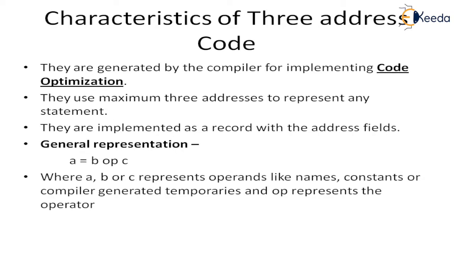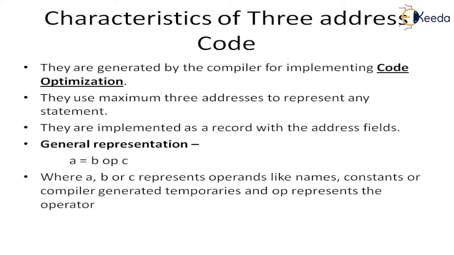So, the characteristics of three address code. This three address code is normally useful for code optimization. It uses a maximum of three addresses to represent any statement, and they are also recorded with the address field.